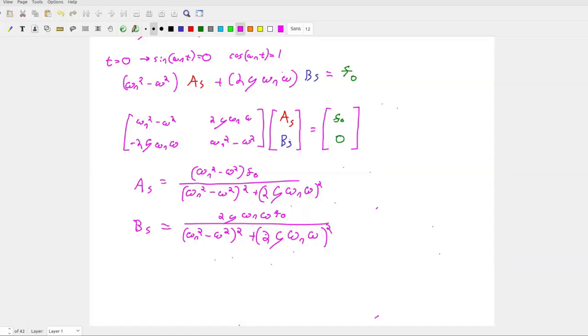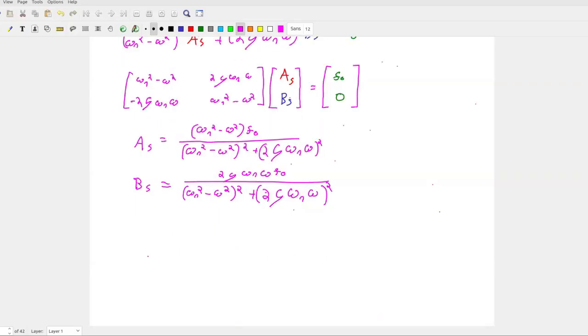Now, all we have to do to get a solution is to put it back in our triangle, use Pythagorean's theorem, and we can get a nice solution for X, phi, and t. If we think back again to our trigonometric functions, we can show that X is equal to the square root of AS squared plus BS squared.